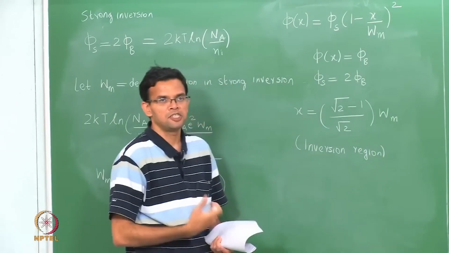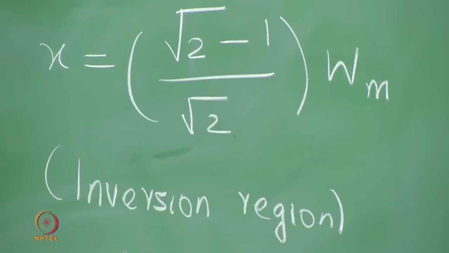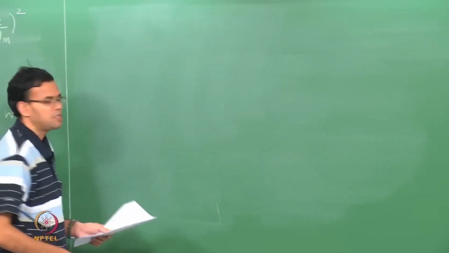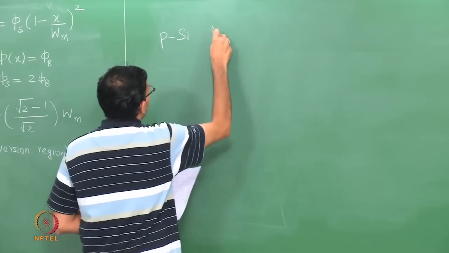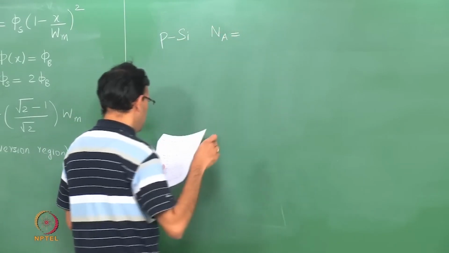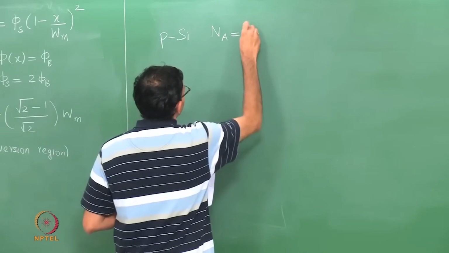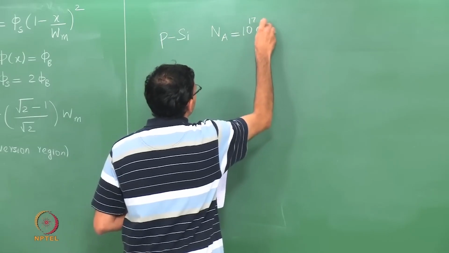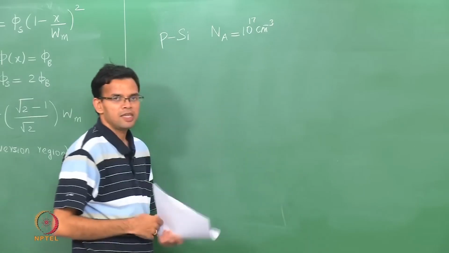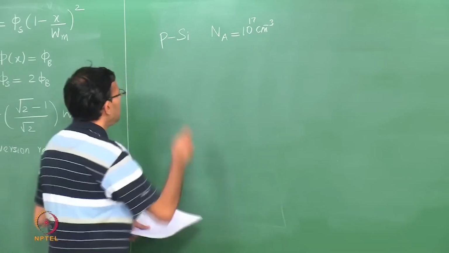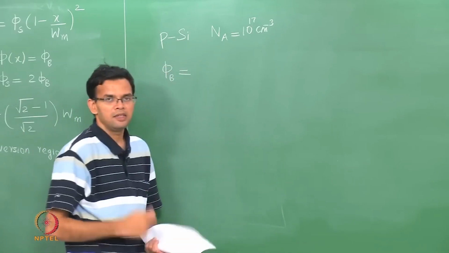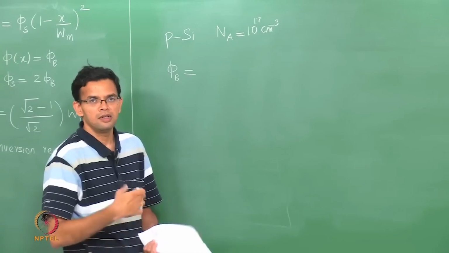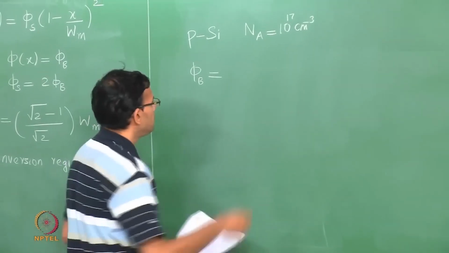Let us actually substitute some values in order to get a sense of these numbers. So, I have a p-type semiconductor. I am going to take silicon with Na to be 10 to the 17th per centimeter cube. We can first calculate the bulk potential, which is the difference between the Fermi level in the intrinsic material and the Fermi level in your p-type.